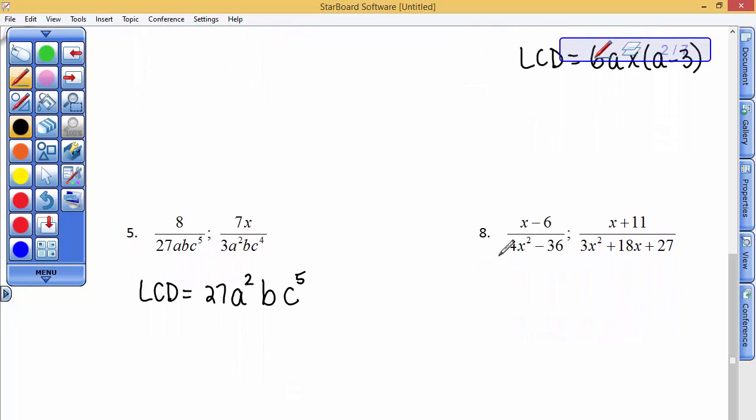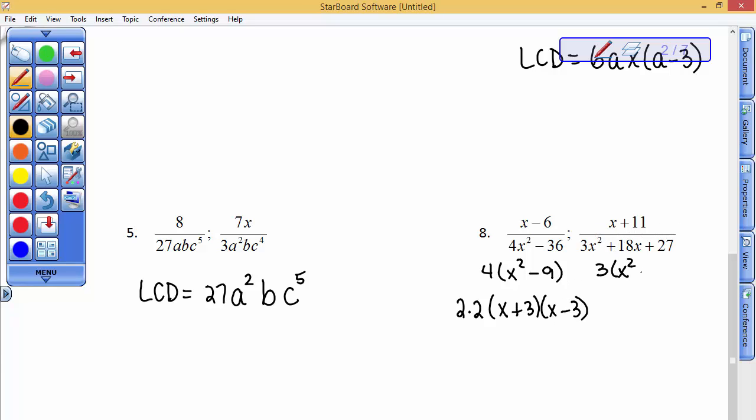I don't need it more than once because they each already have that a minus 3. Again, you factor the denominators only. So this will factor, oops, I just noticed that there's a 4 that can come out of that. So x squared minus 9, and the 4 will be 2 times 2. And the x squared minus 9 is the difference of squares, x plus 3 times x minus 3. This one has a 3 that can come out of it.